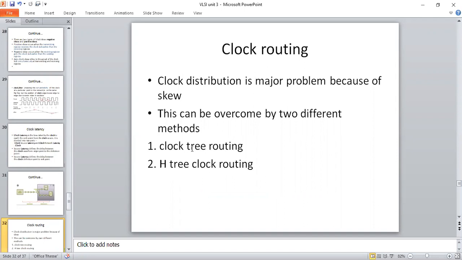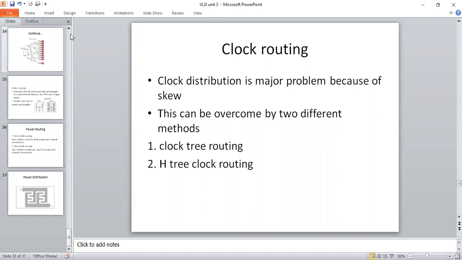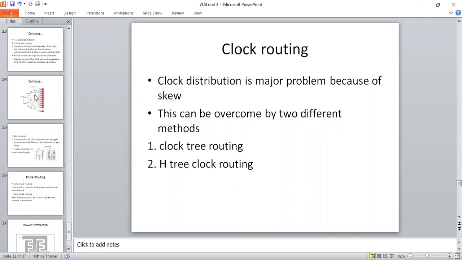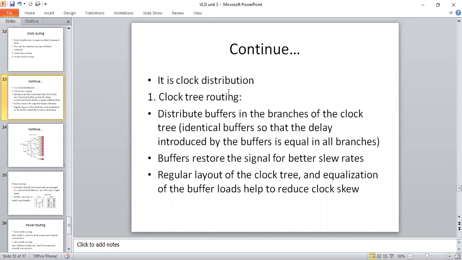In H tree, we are using the H networks here. So it is called the distribution of the clock. What is distribution? You are passing the clock from one point to so many points.